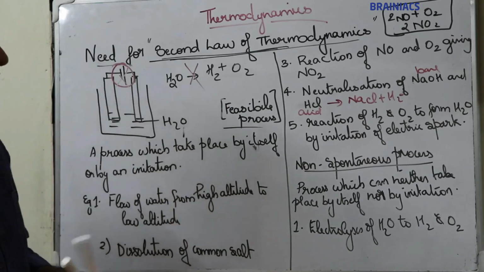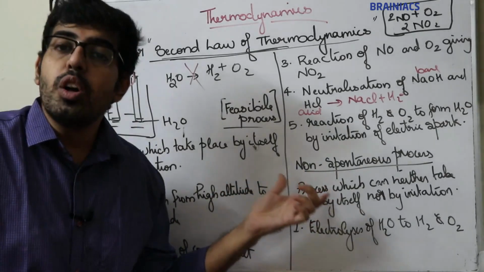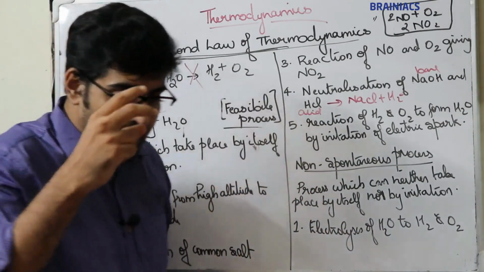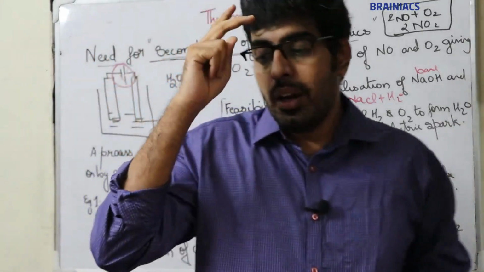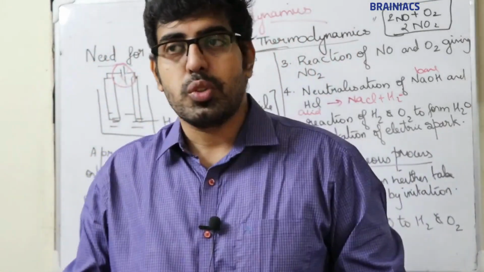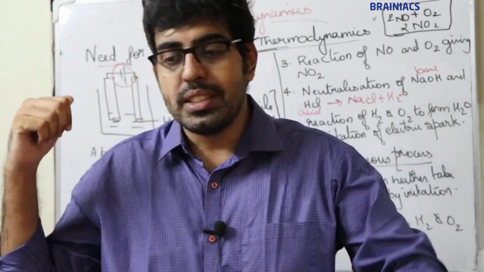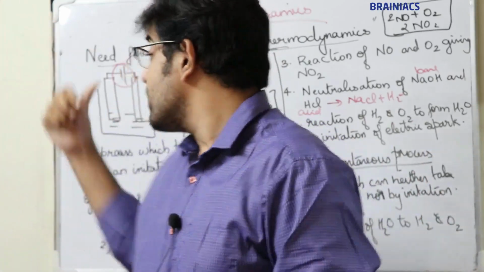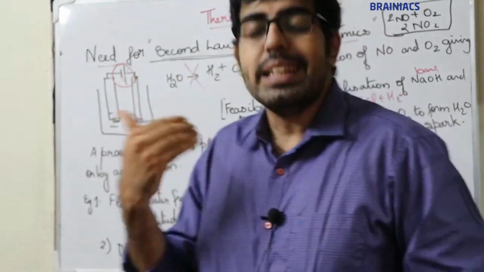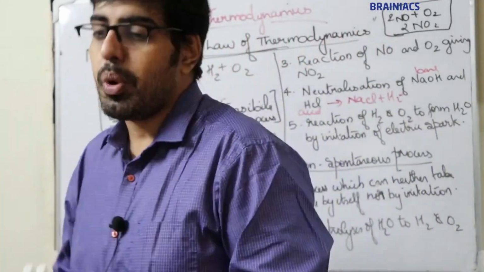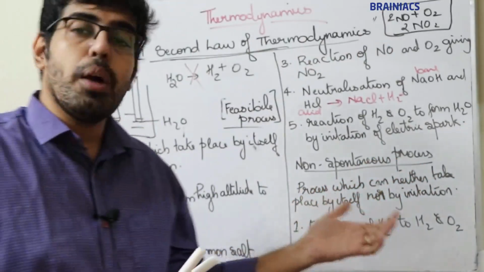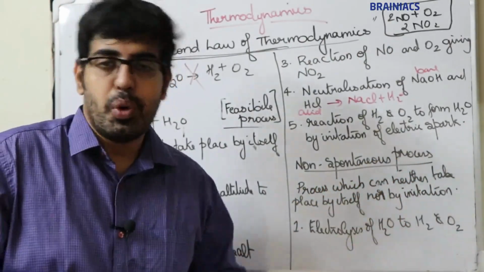That means this process is an example of a non-spontaneous process. So in thermodynamics, we may encounter two types of process. First one is spontaneous process, and second one is non-spontaneous process. Processes which take place by themselves or by an initiation are known as spontaneous processes, and processes which cannot occur by themselves are known as non-spontaneous processes.